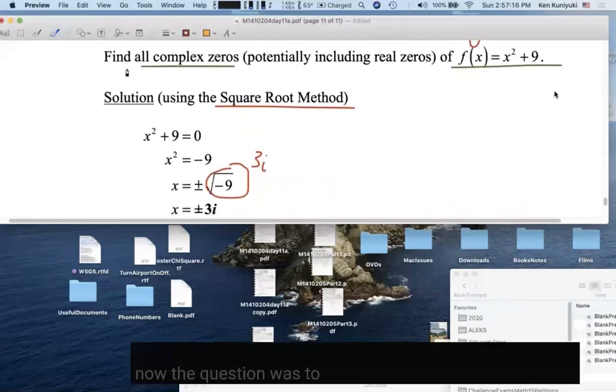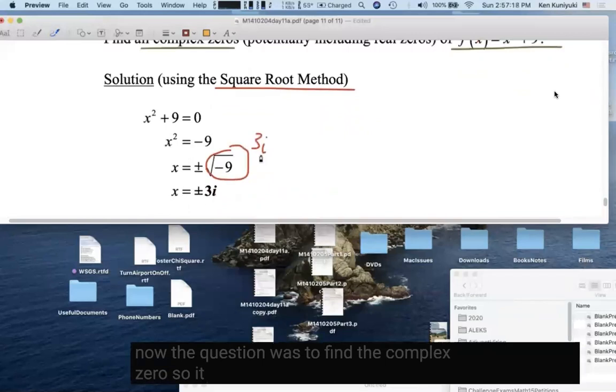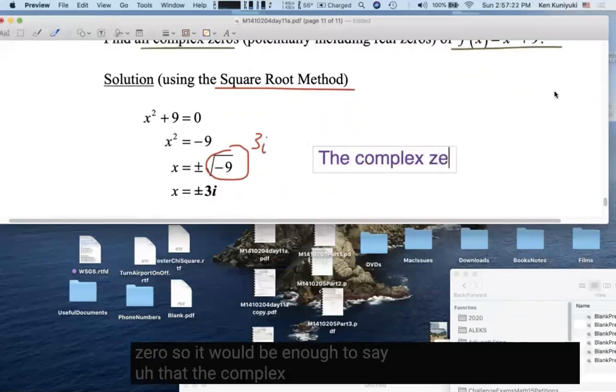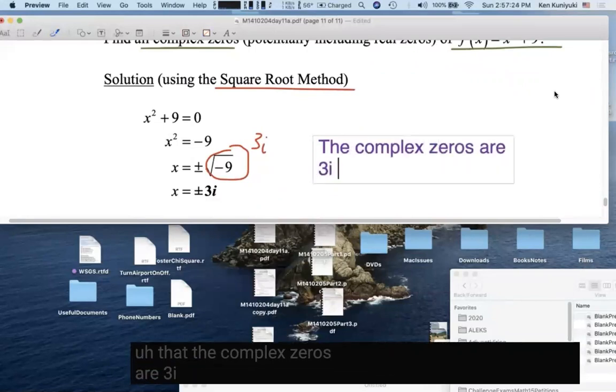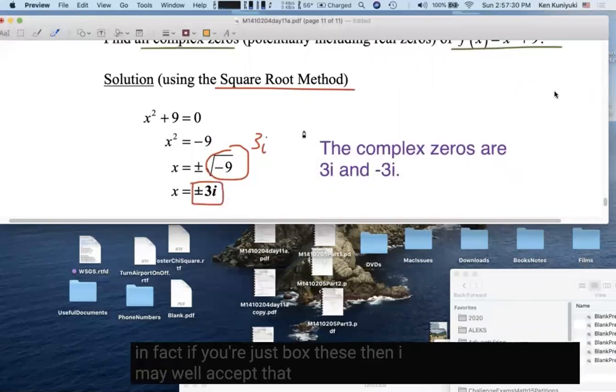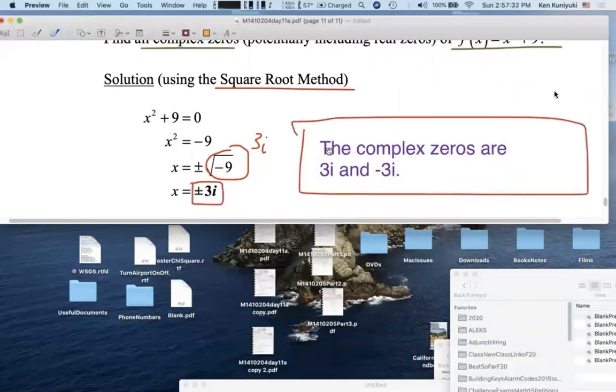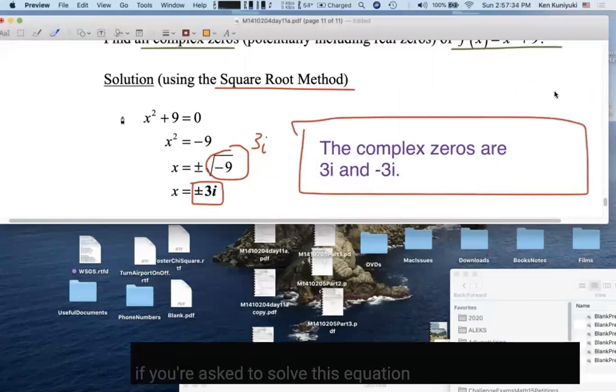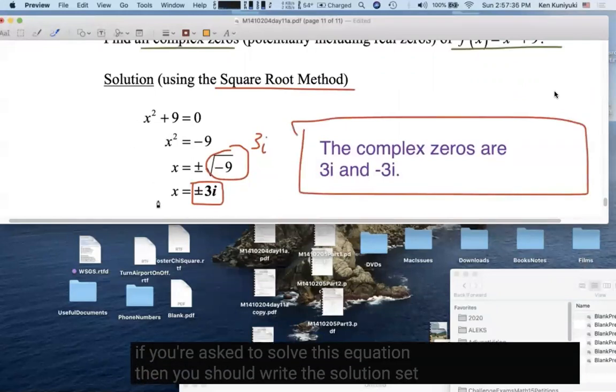Now, the question was to find the complex zeros, so it would be enough to say that the complex zeros are 3i and negative 3i. In fact, if you were to just box these in, I may well accept that. If you're asked to solve this equation, then you should write the solutions.